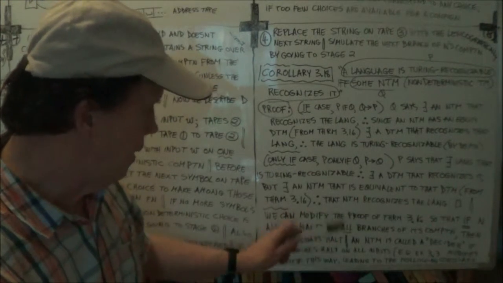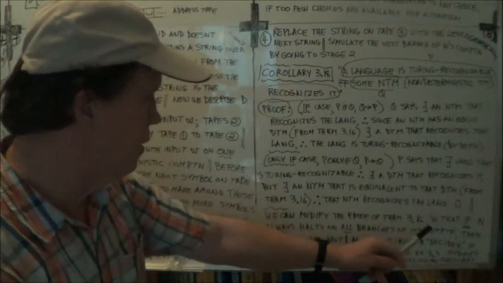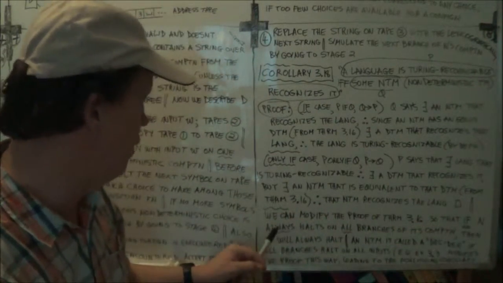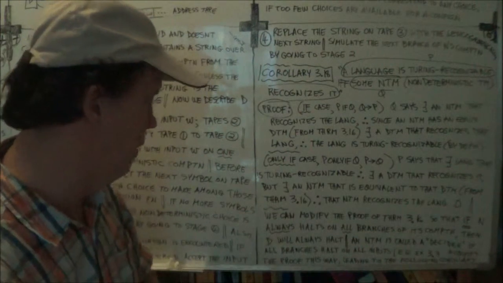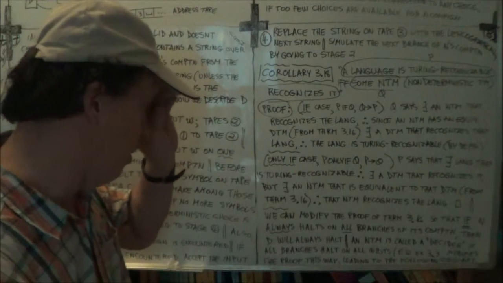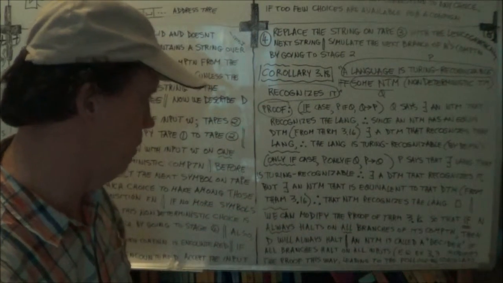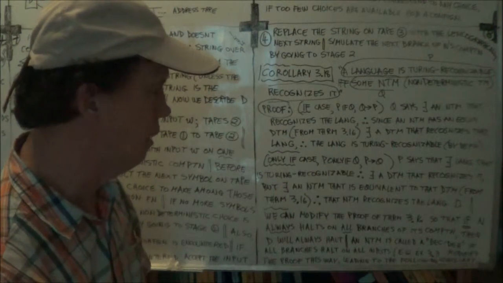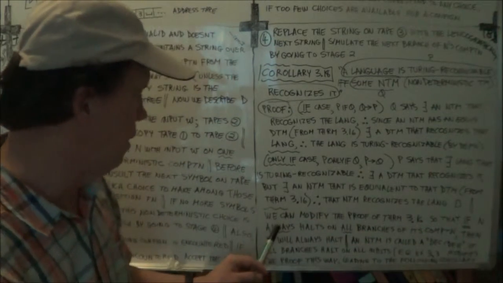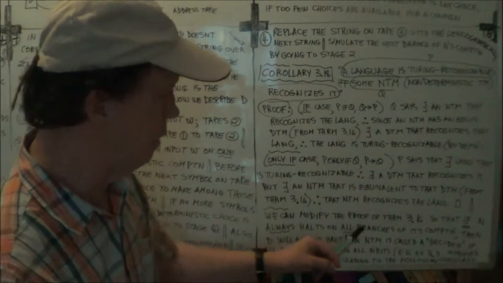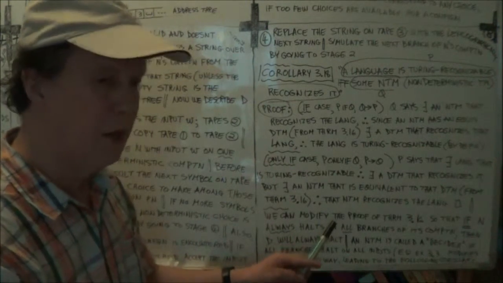Now a bit of a comment at the end. You can modify the above proof so that if N always halts on all branches of its computation, then D will always halt. It's a sort of variation, if you like. You can change your proof somewhat so that if your N always halts, so you don't have these infinite branches, you could change your strategy.